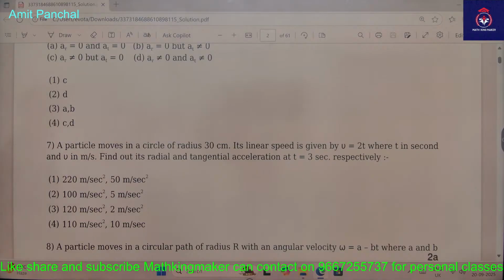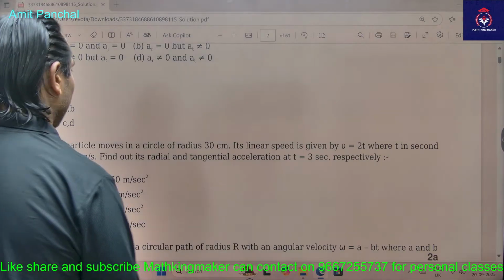But how do I find out the radial acceleration? I figured that tangential acceleration would act straight as a tangent, so that would be linear. So I assumed it would be 2, and 2 wasn't in any of the options, it was only in the tangential. Radial will be given by which one?